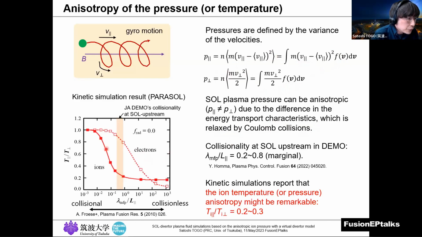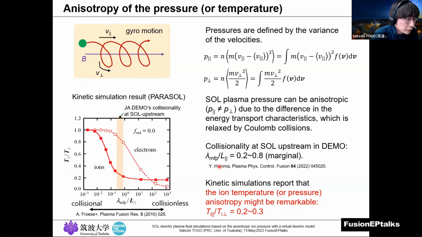And this figure shows a kinetic simulation result, which shows the dependence of the temperature anisotropy T-para over T-perp of ions and electrons on the plasma collisionality. The plasma collisionality is often quantified by the mean free path of Coulomb collisions normalized by the parallel system length.